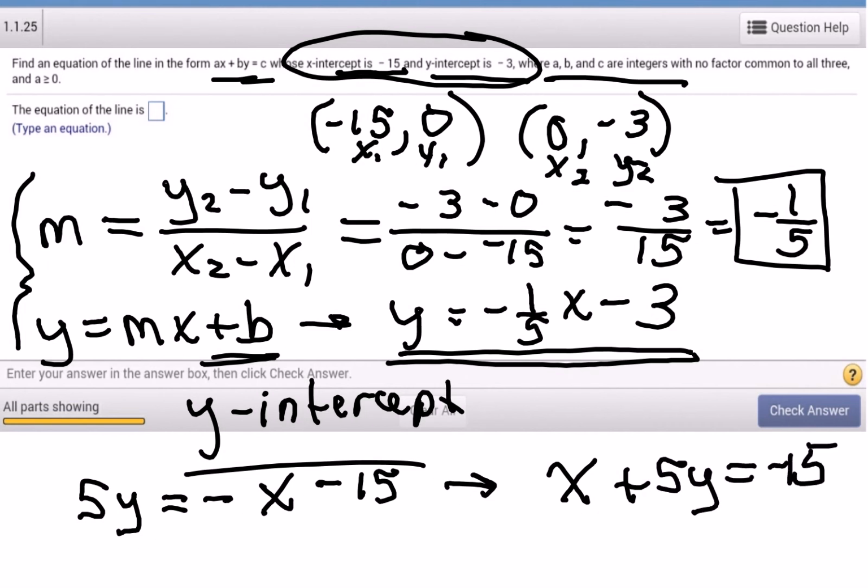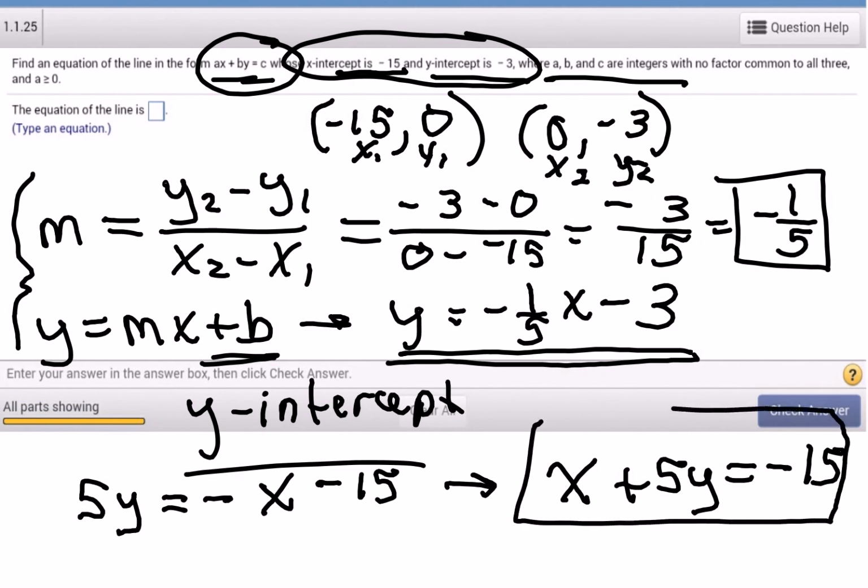Let me fix that up a little bit; it almost looks like a 7, and we don't want that. That was a negative 15. There we go. Now, is it in the form it asked, ax plus by equals c? Yes, it is. So that is our final answer, the equation of the line that it was asking for.